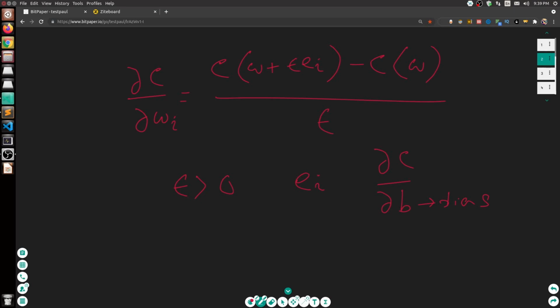To calculate these terms, we have to compute W plus epsilon Ei, and W, and the entire gradient a million times. That means to compute the gradient, we need to compute the cost function a million different times, requiring a million forward passes through the network for each training example.